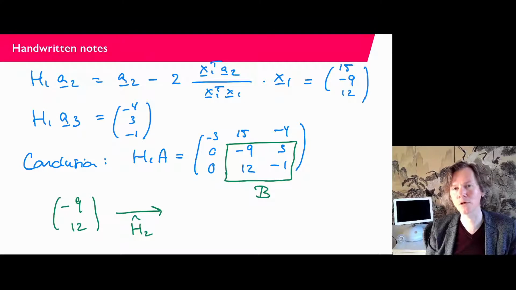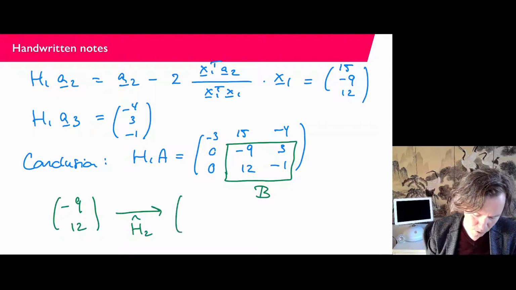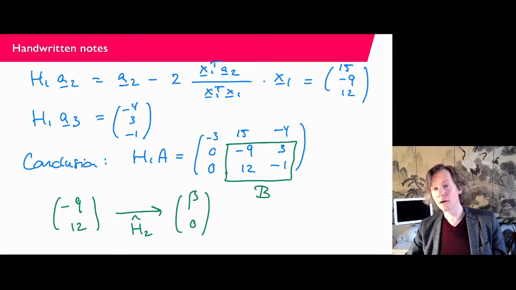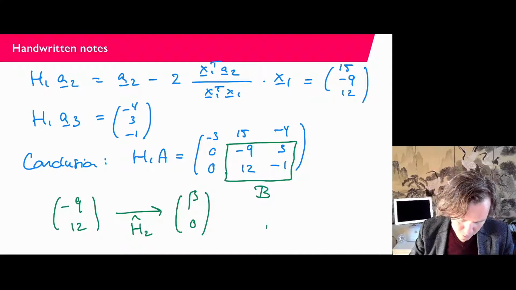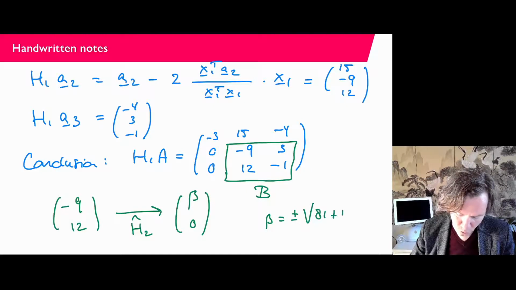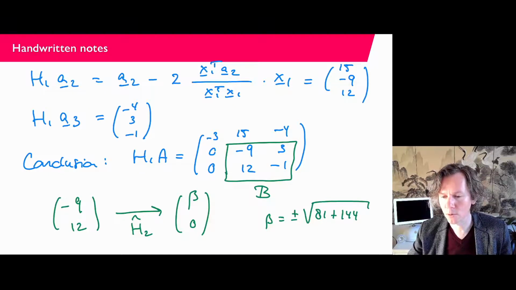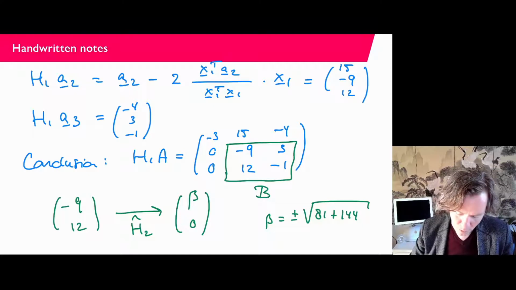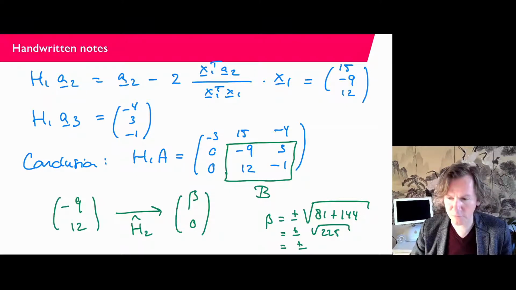I put the hat there because it's a 2 by 2 matrix, to some beta, 0. Now, H2 hat is a Householder transformation. It preserves length. So we need that beta equals plus or minus the square root of minus 9 squared, which is 81, plus 12 squared, 144. You see that I tried to get more or less nice numbers here, because this equals plus or minus the square root of 225, which is plus or minus 15.